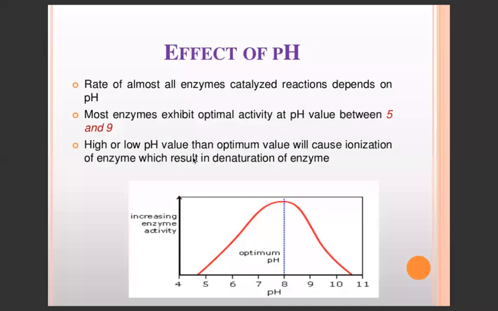It depends upon which enzyme is working. The temperature is different for each enzyme. For example, pepsin is denatured at 40 degrees C and chymotrypsin is denatured at 30 degrees C. So it is different for each enzyme.